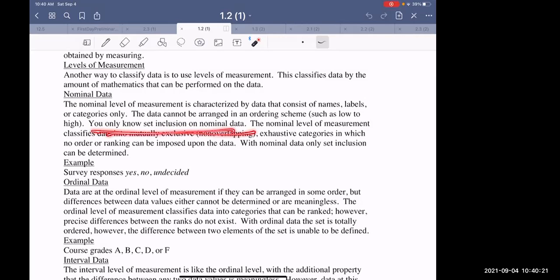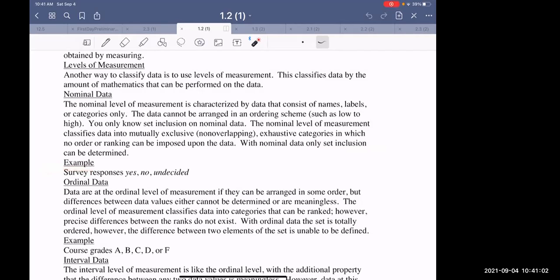You only know set inclusion. That's it. The nominal level of measurement classifies data into mutually exclusive, non-overlapping, exhaustive categories, meaning you can place any data value in one of the categories, and no ordering or ranking can be imposed upon the data. So with nominal data, only set inclusion can be determined. The only mathematics that we can do is set inclusion, nothing else.